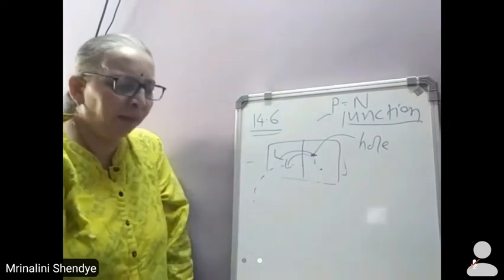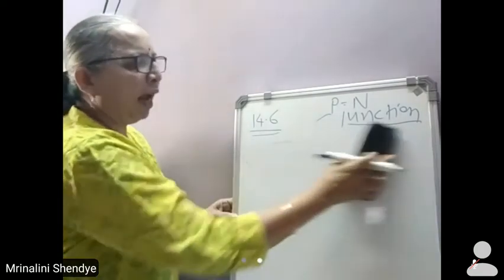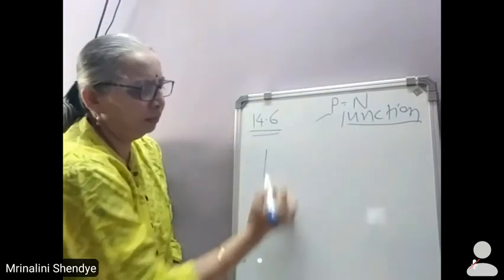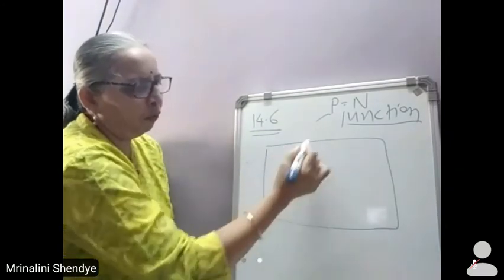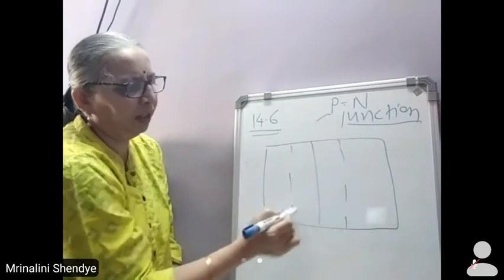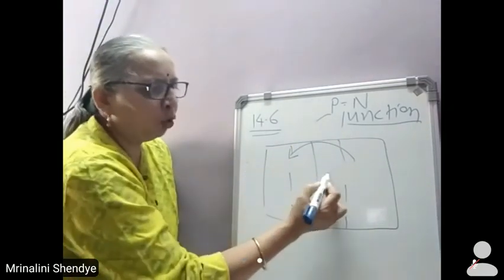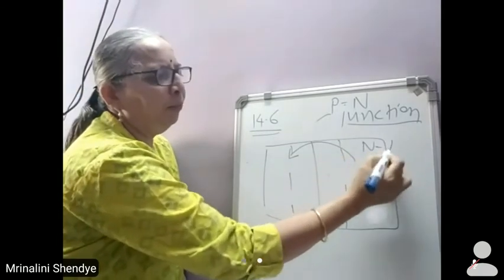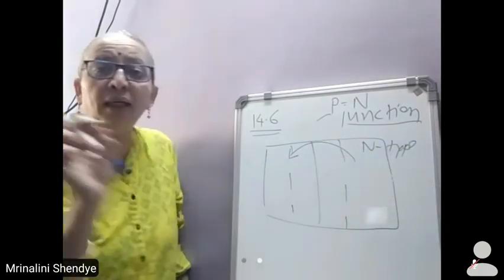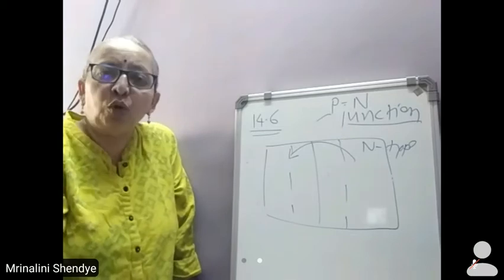And what happens that time? Due to lack of electrons from N region to P region, this donor, because in N type we have added donor atoms which donate the electron.